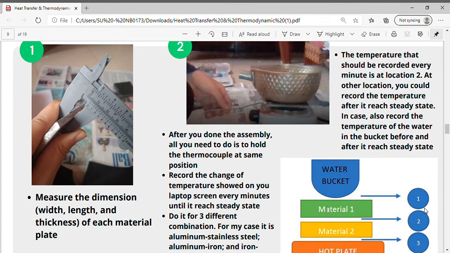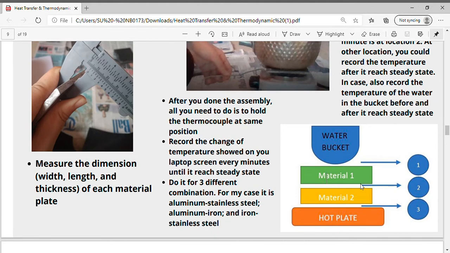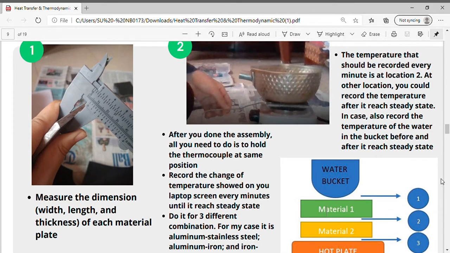So we assume the temperatures as temperature 1, temperature 2, and temperature 3. You should put the thermocouple at location 2 and wait until it reaches steady state temperature.